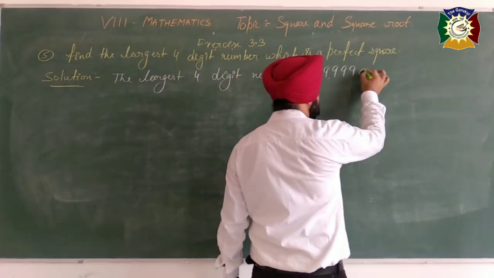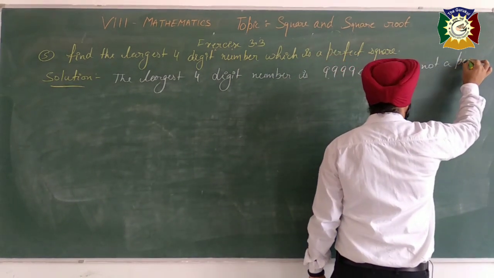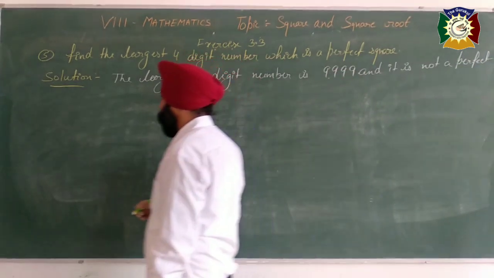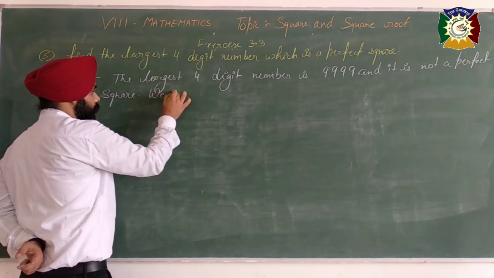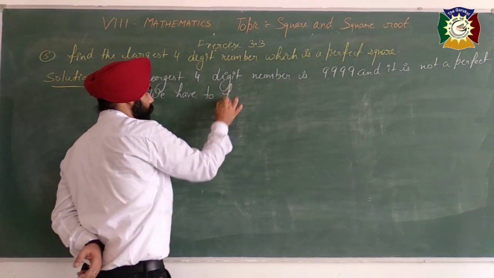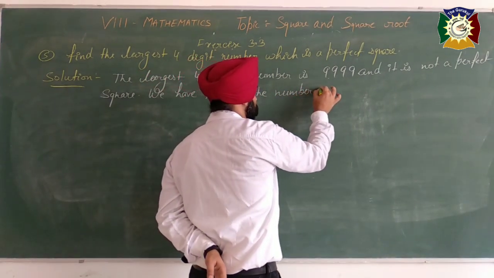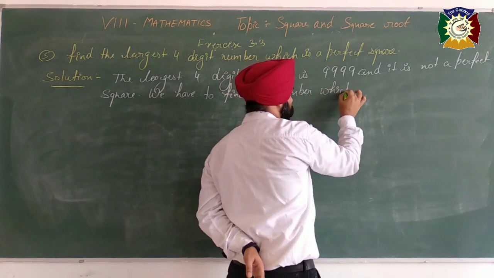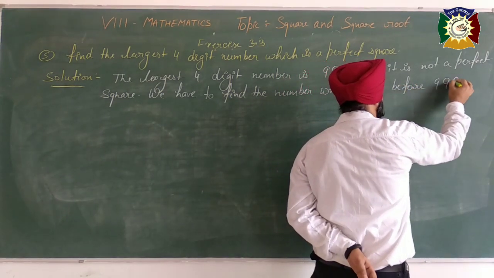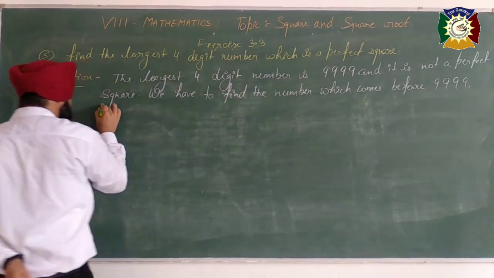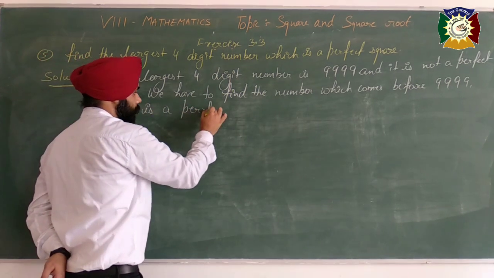And it is not a perfect square, and we have to find the number just which comes before 9999, which is a perfect square.